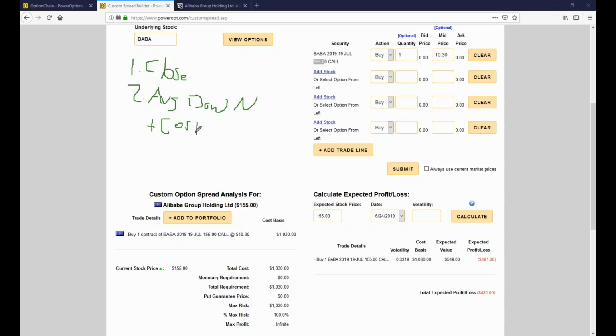Because if the stock continues to fall, you might be risking more of this $1,030 than the $240 or $2.40 loss you have right now. But in addition to increasing the cost, you're going to lower the break even. See, on your position again, the break even was around 179.90. Now we would have reduced it to 165.30. So we got a lower break even.